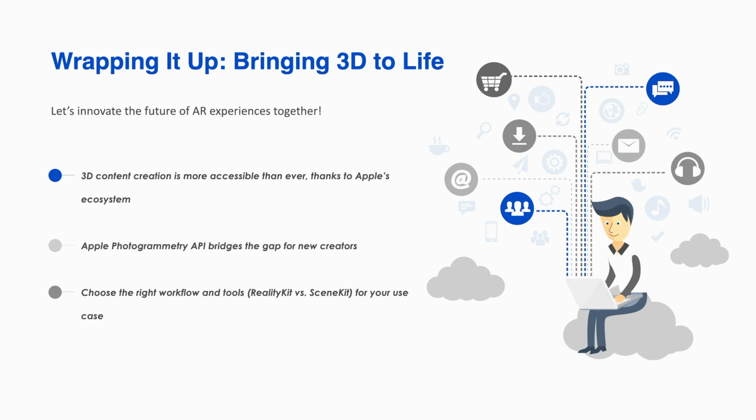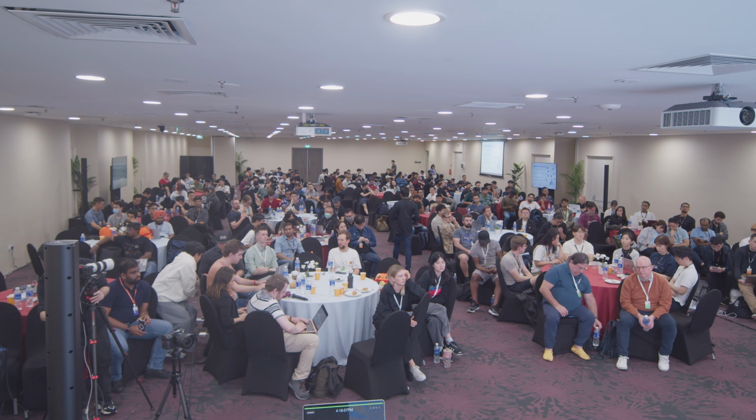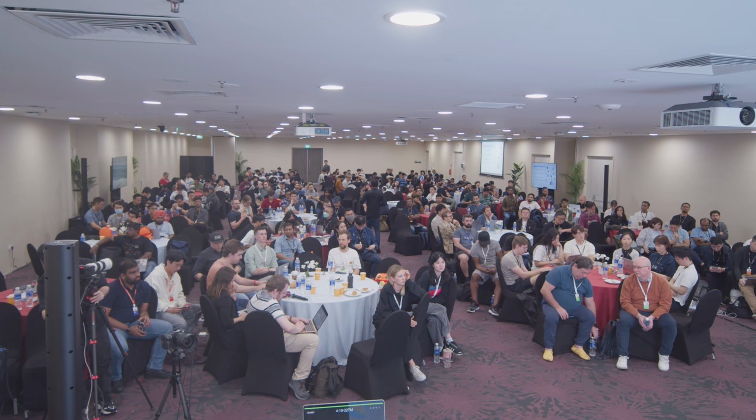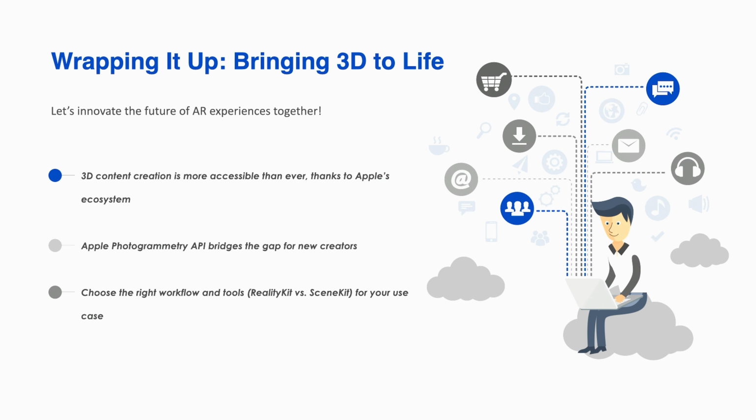Then you need to use either SceneKit or RealityKit. Make sure to choose between RealityKit and SceneKit depending on your workflow and your application criteria, because backward compatibility is the key. If that matters, then you have to stick to SceneKit. If you wanted to go for the newest SwiftUI stuff, then you can obviously use RealityView.